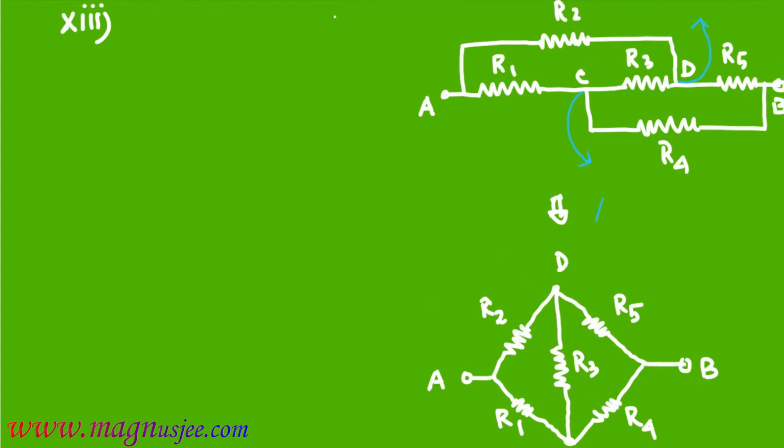The point D is moved upwards and the point C is moved downwards. Means D and C are stretched upwards and downwards respectively, and we get this simplified circuit diagram.